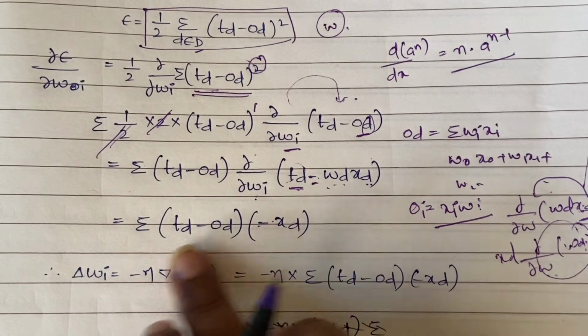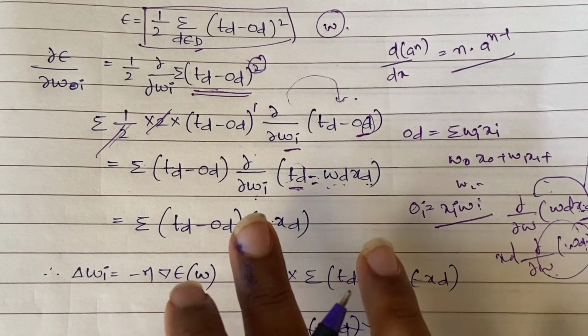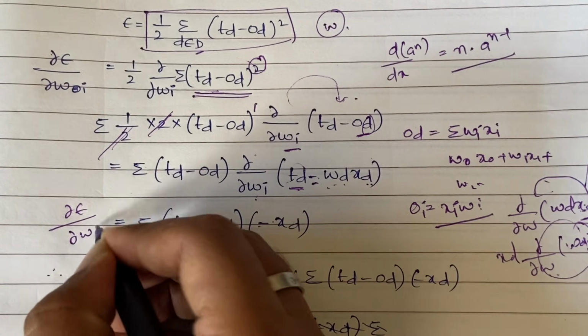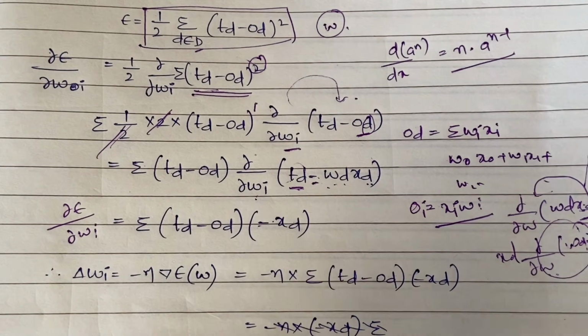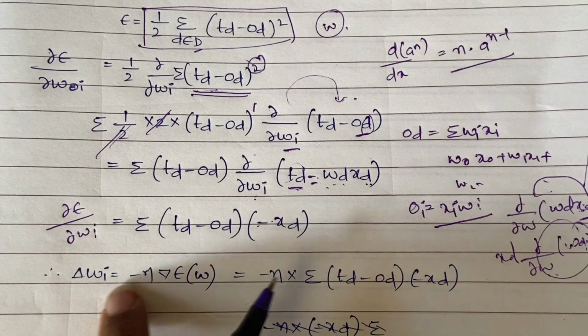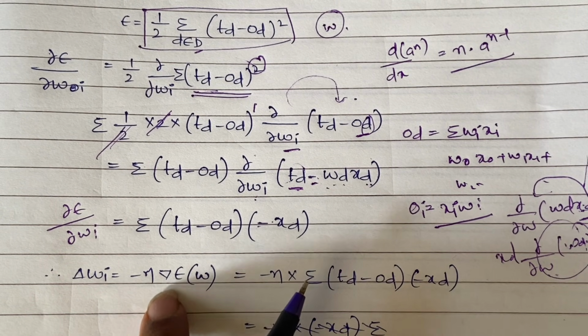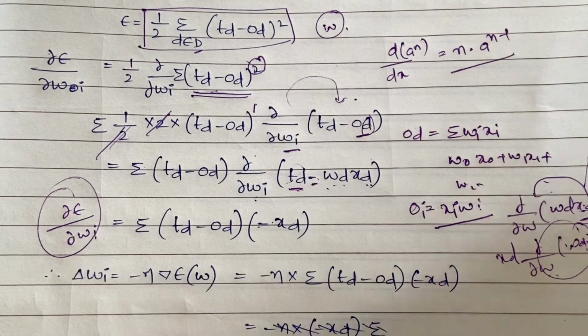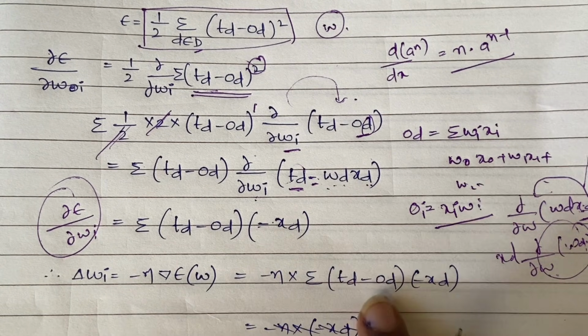Okay, done. So this is what you get for the derivative of dE by dwi, right? And what is the formula for delta wi? As I said just now, minus n times the derivative of error with respect to weight, right? Which is nothing but this. So you need to substitute what you got here into this.